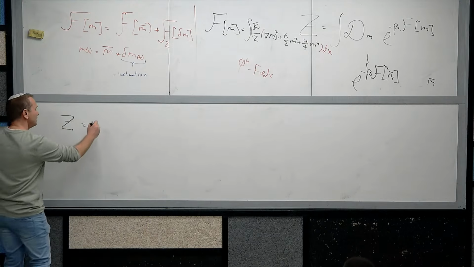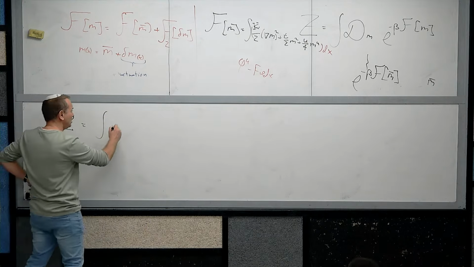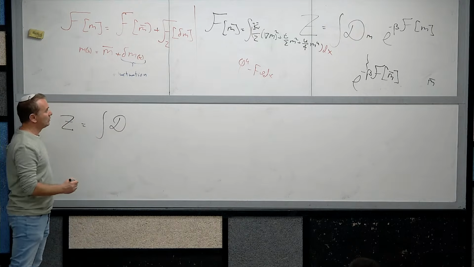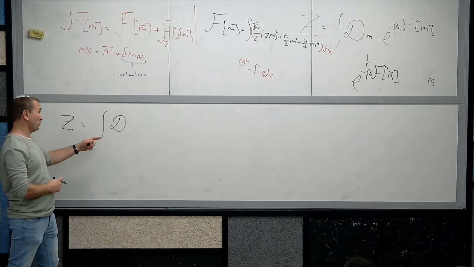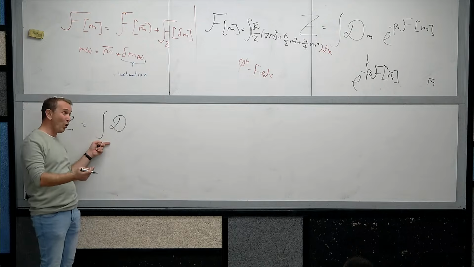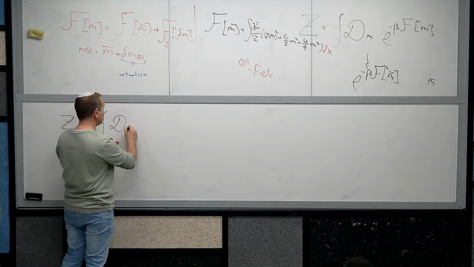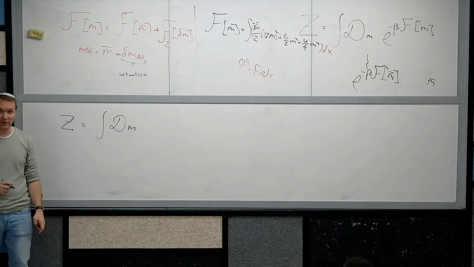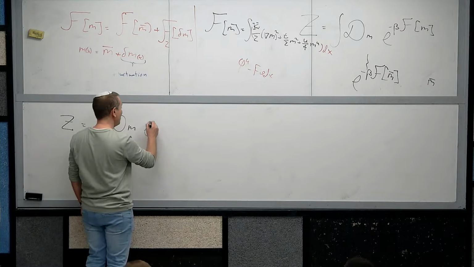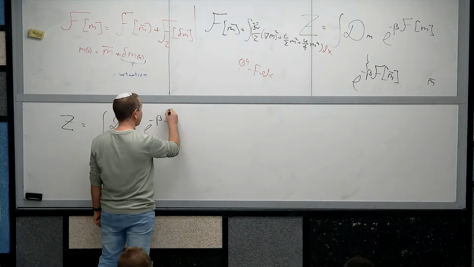And in our case, this partition function is a functional integral, so you integrate over all possible realizations of m, e to the power minus beta f of m.